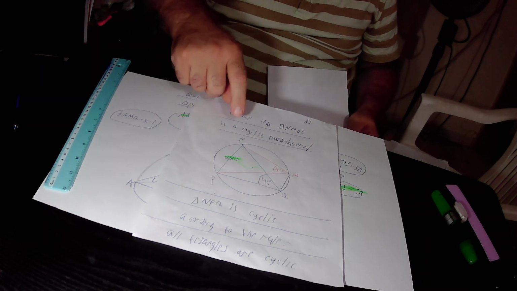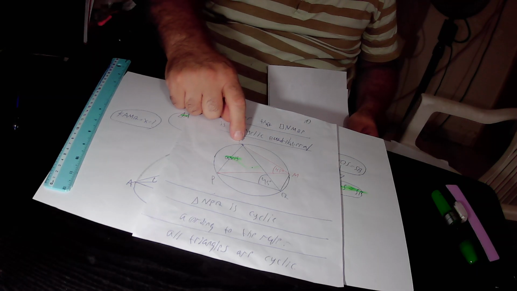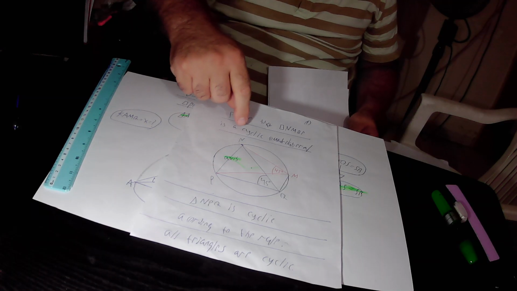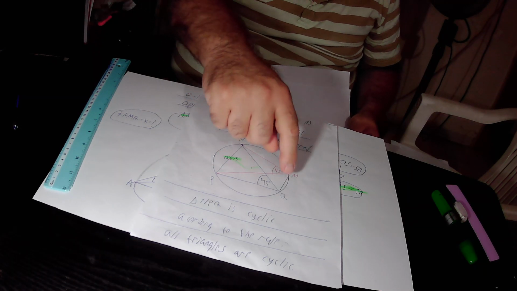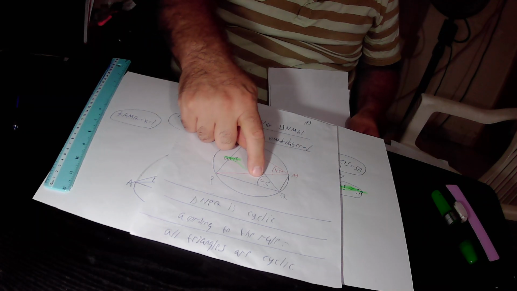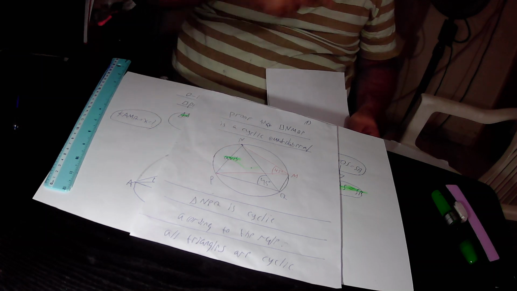Now we have angle NQP. This is a peripheral angle that subtends on chord NP. Again, in the drawing we have peripheral angle NQP, which equals 45 degrees in size and subtends on chord NP.